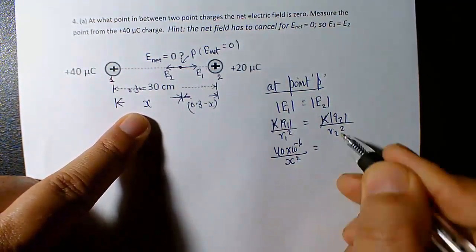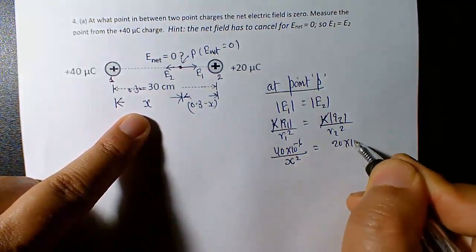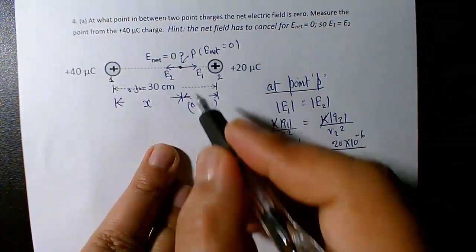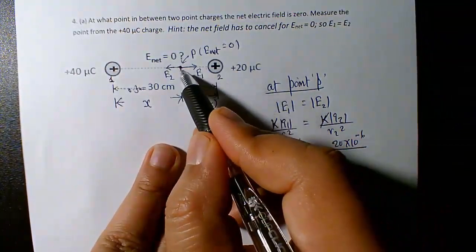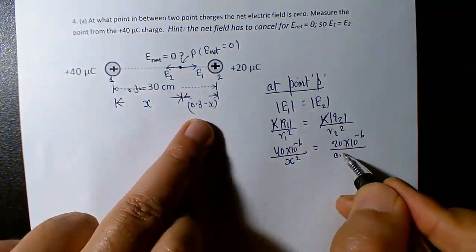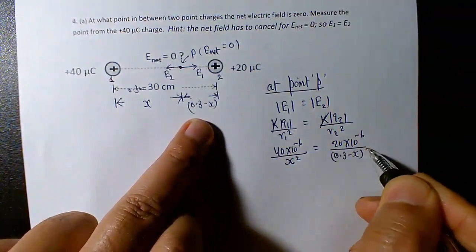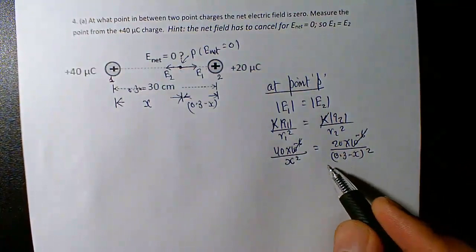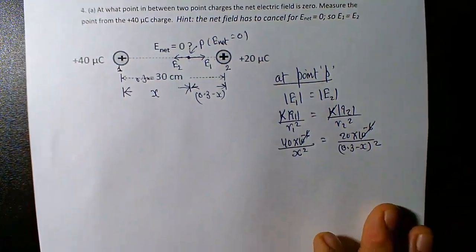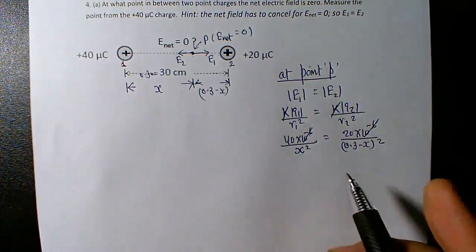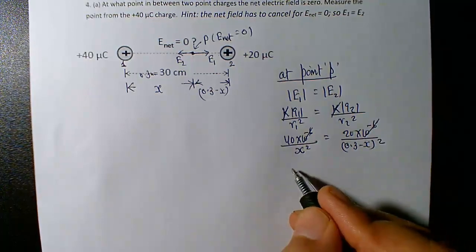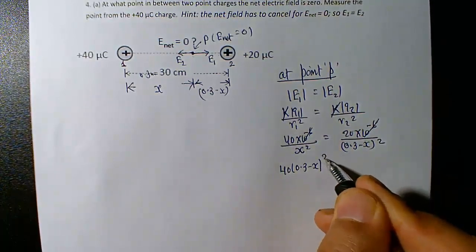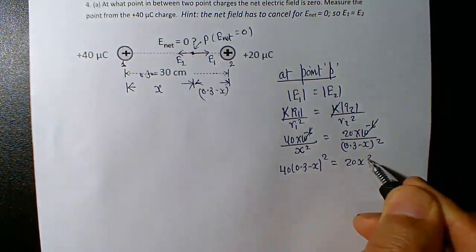Q2 is 20 micro, divided by R2 squared, where R2 is the distance of charge number 2 from point P, which is 0.3 minus x, and the 10^-6 cancels. Then you do the cross multiplication and solve the algebra. So it's going to be 40 times (0.3 minus x) squared equals 20 x squared.